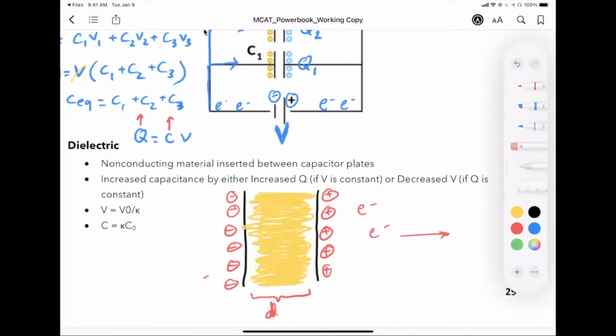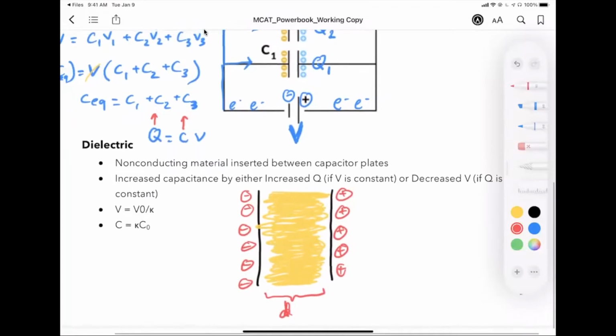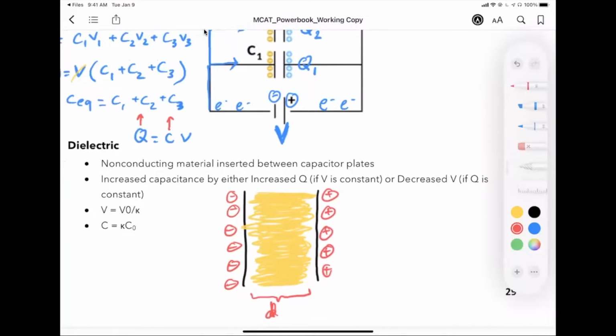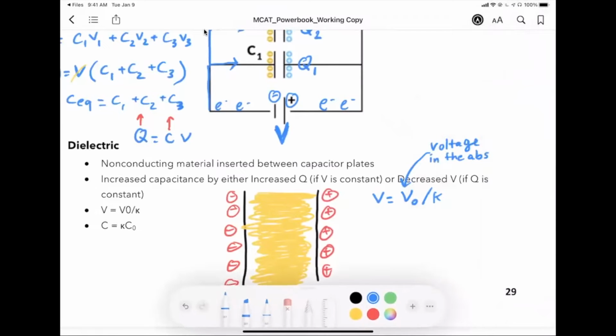And so we can look at the relationships, right? How does the dielectric impact the capacitance, and how does it impact the voltage? We're told from these equations that the voltage is equal to V naught divided by K. V naught represents the voltage in the absence of the dielectric.